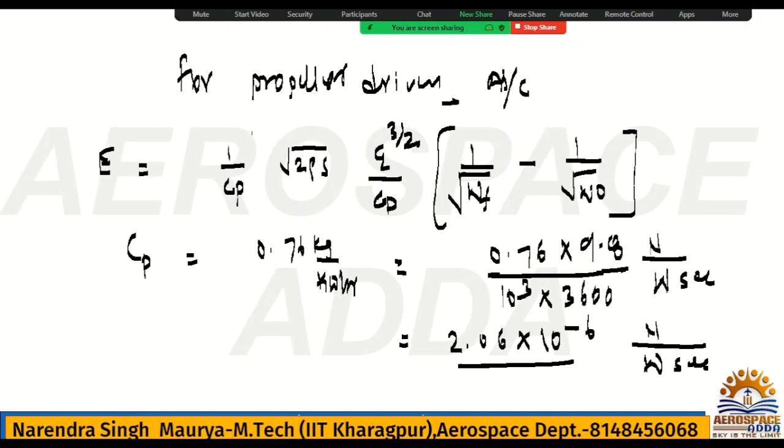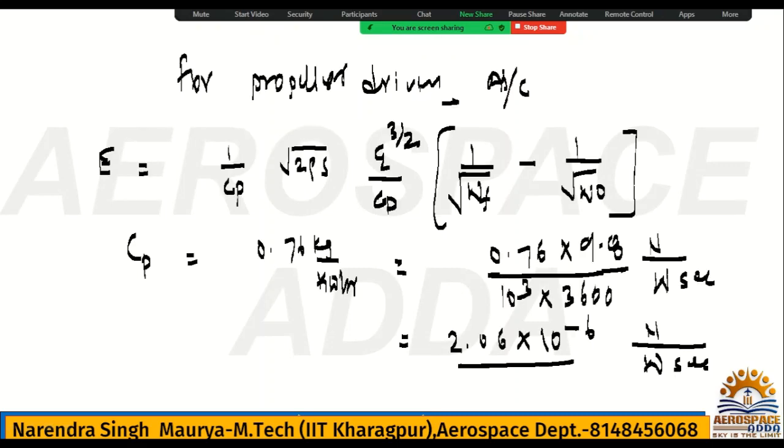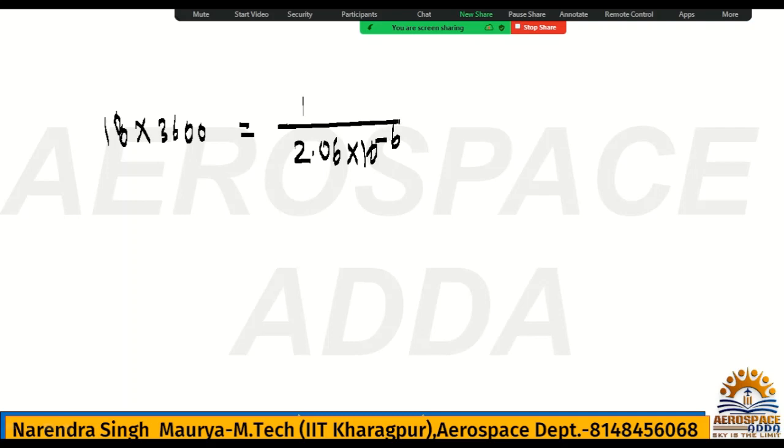1 upon Cp. What Cp did you get? Cp is nothing but what you just converted, 2.06 into 10 to power minus 6. Then 2 rho S. Density rho is 1.22. Area is given, I think.